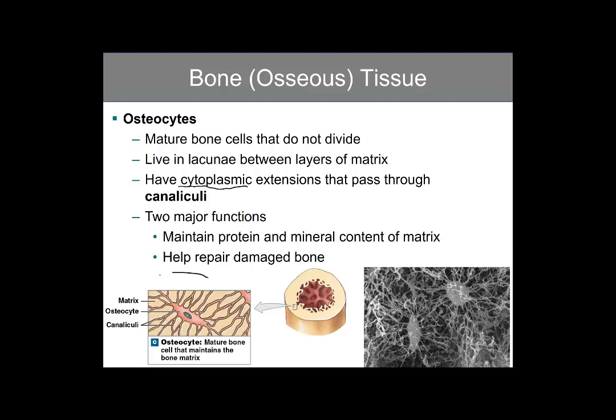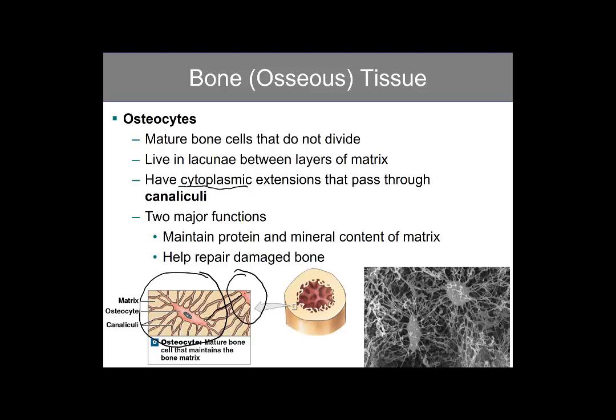We see the stellate nature of the osteocyte here. They're star-like, and these cytoplasmic extensions are used to communicate with their neighbors. In fact, you can almost see a second osteocyte right here, and their cytoplasmic extensions reach through those canaliculi and connect with their neighbors so that exchange can occur.